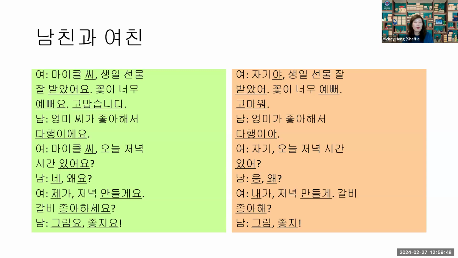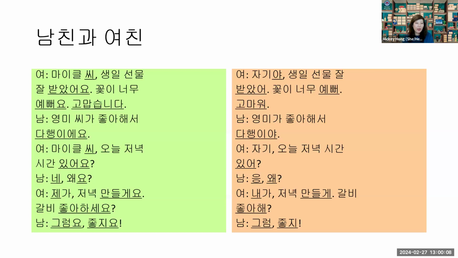고맙습니다 is all the more formal for giving thanks. And the man replies, 영미 씨가 좋아해서 다행이에요. It's fortunate that you like it. 마이클 씨, 오늘 저녁 시간이 있어요? Again, she refers to him as 마이클 씨.